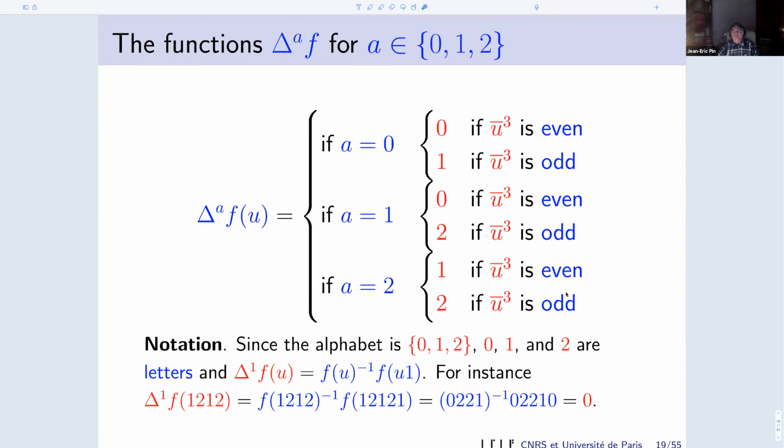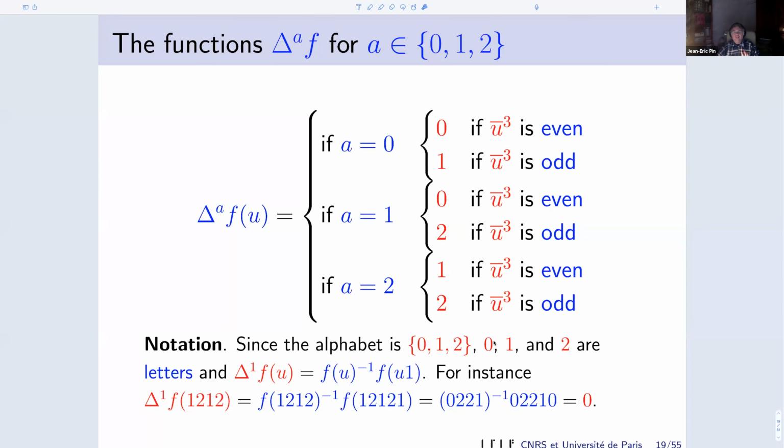You don't need to look carefully at this formula, but what you observe is that delta A of f is always a constant function. It doesn't depend on u. It's a constant function which just depends on the parity of the number represented by u.